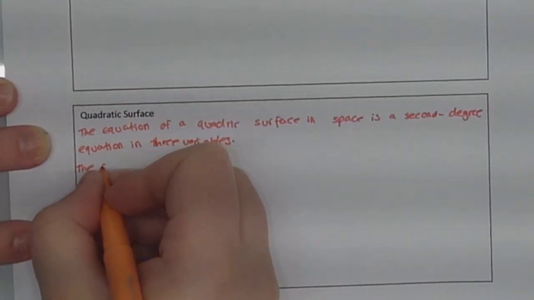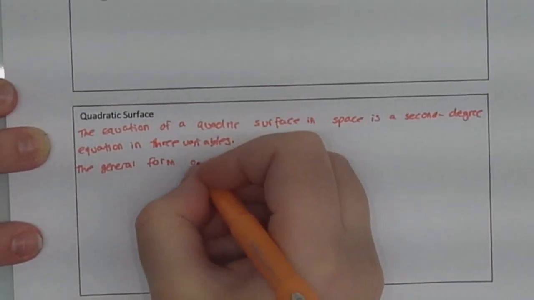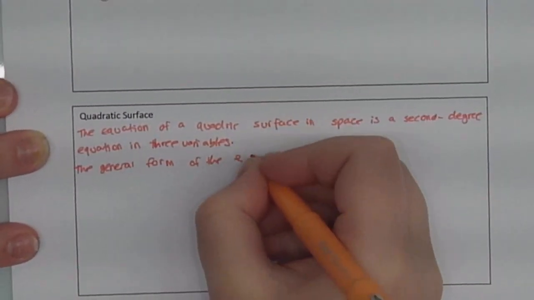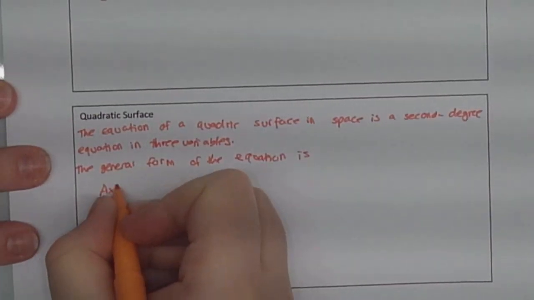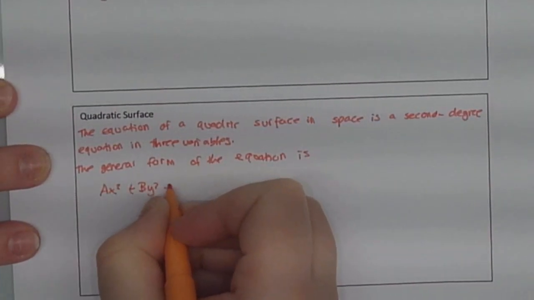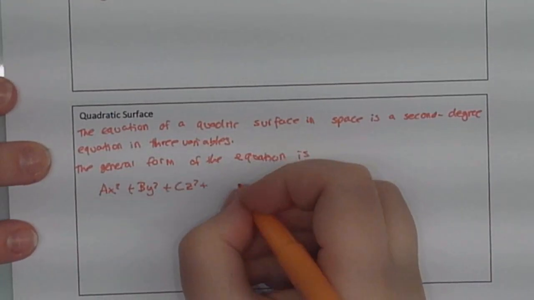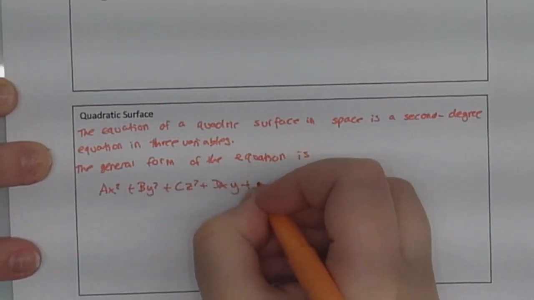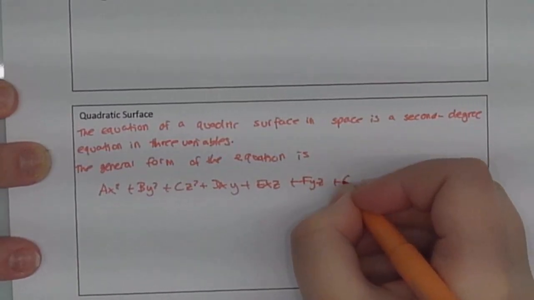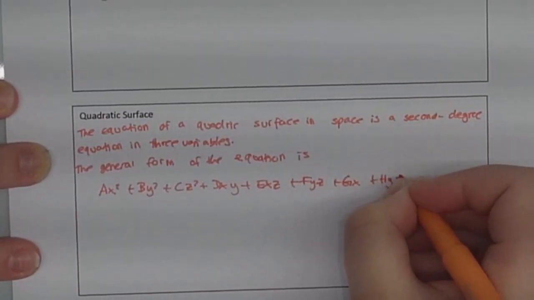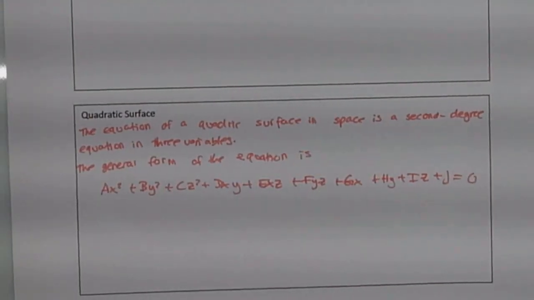The general form of the equation is ax squared plus by squared plus cz squared plus dxy plus exz plus fyz plus gx plus hy plus iz plus j equals 0.